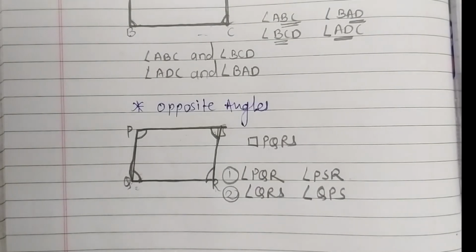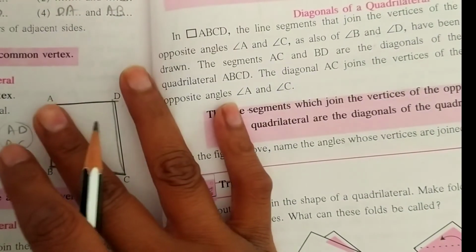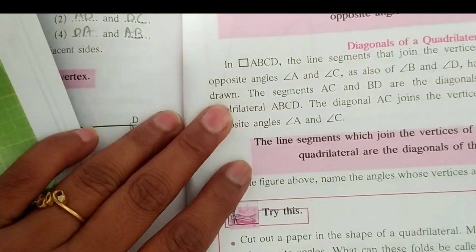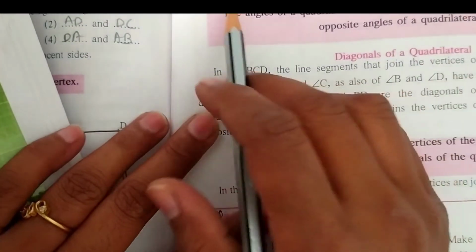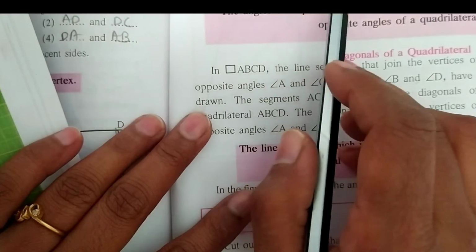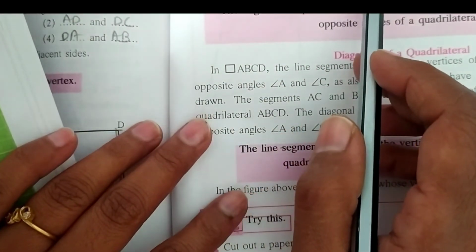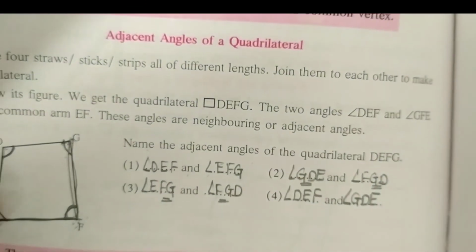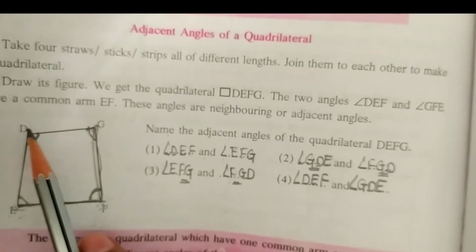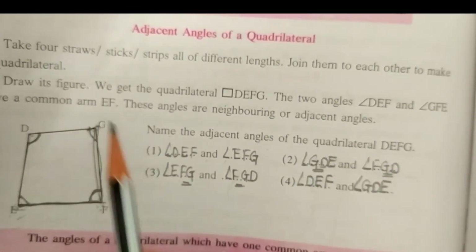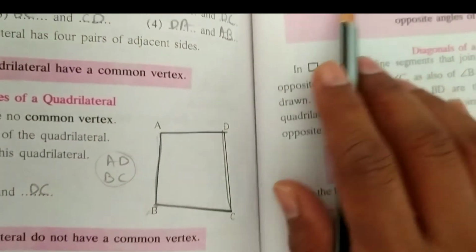Here on page number 83, they tell us to write the opposite angles. Name the other opposite angles in the figure which is given on page number 82. This one, quadrilateral DEFG. We have to write the opposite angles of these angles.